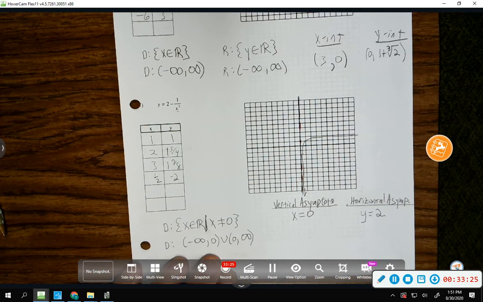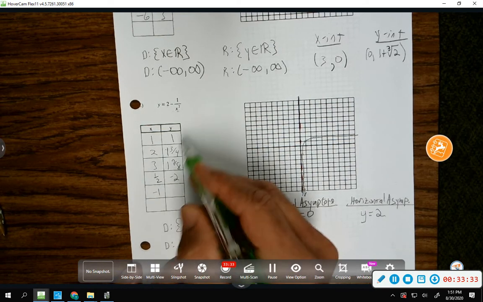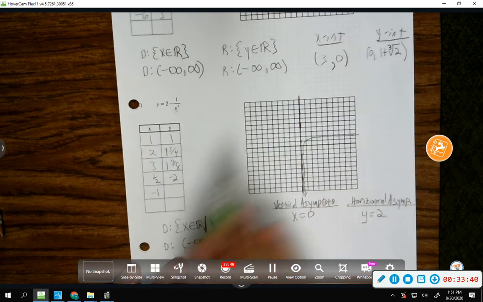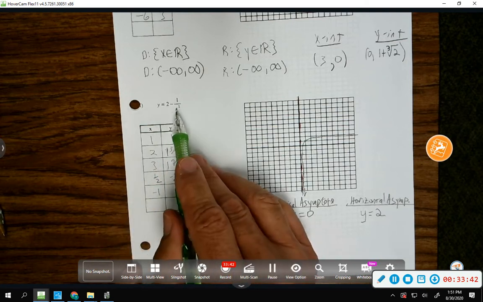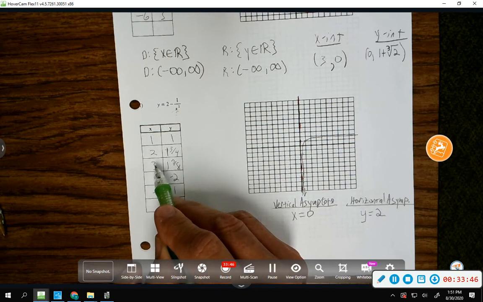What's happening on the other side of this asymptote? Well, that's kind of interesting. Look what happens on this one. If I plug in negative 1 and square it, I get the exact same thing back out. It's called an even function. It's symmetric about the y-axis. When I square it, I still get positive 1 out. As a matter of fact, if I plug in negative 2, I'll get this. Negative 3, I'll get this.